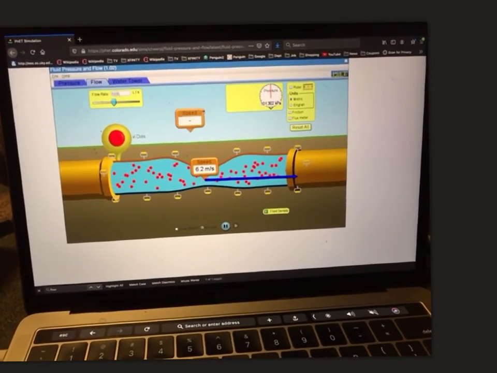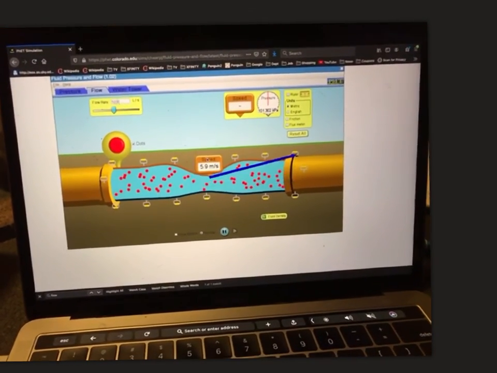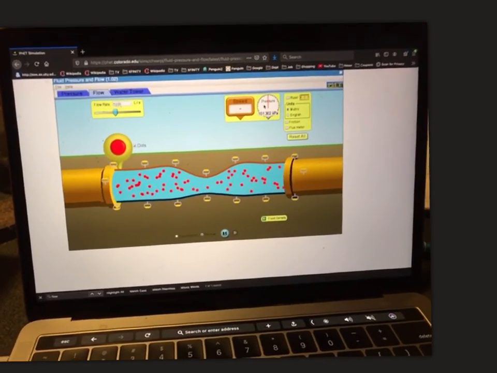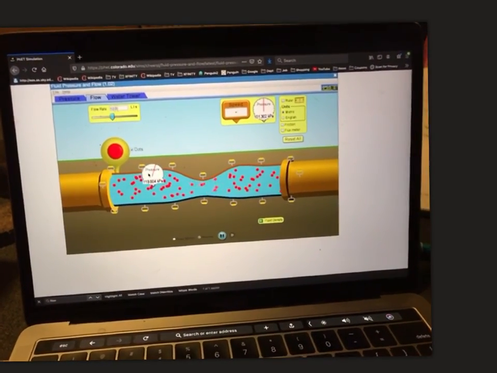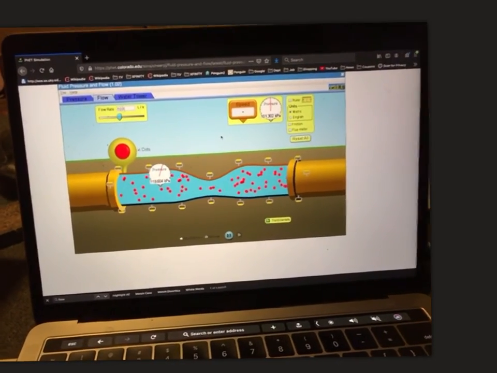But the pressure is not quite intuitive. It's always instinctive to say as pressure increases that velocity increases. However, let's test that out. We can see in the larger part of the tube that it's about 119, almost 120 kilopascals.